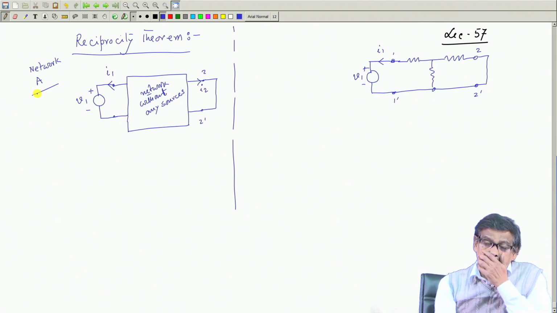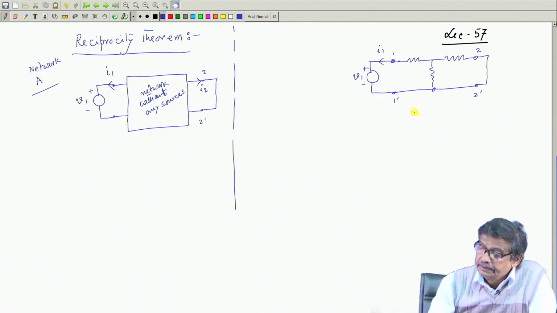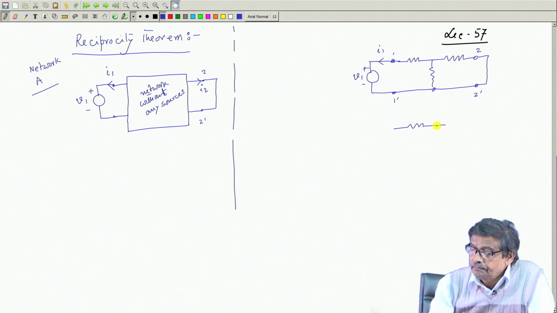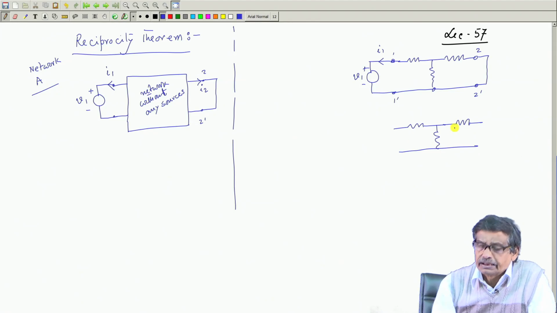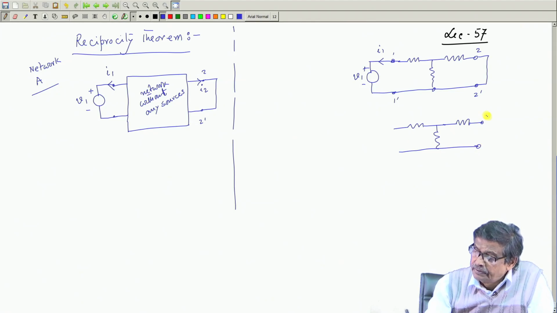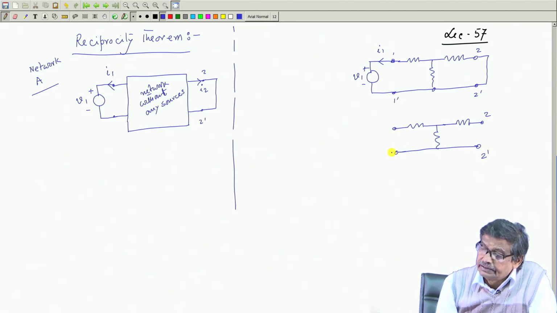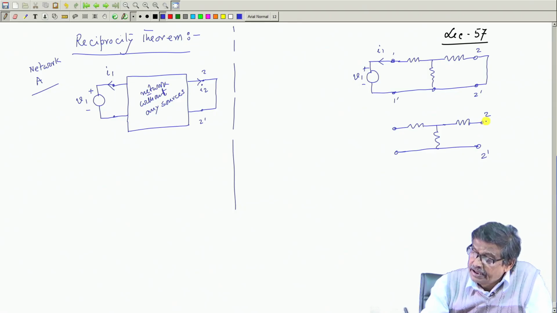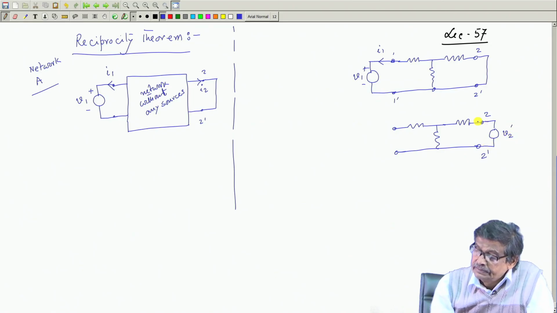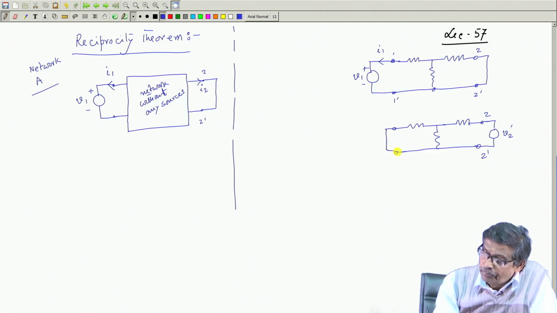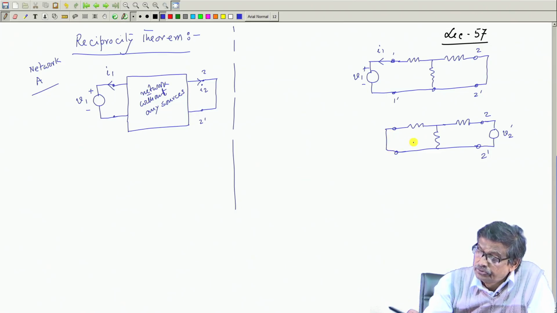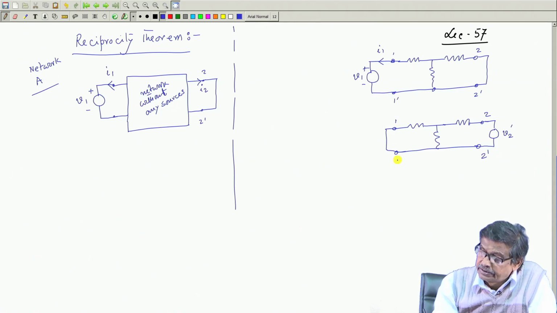Now, the question is, if I apply instead in this network, which for an example I am just showing by a simple network like this to derive the key things here. So, this is the thing. Now, suppose in this network, if I apply some voltage, say V2 dashed I call it, and this 2 I short, the opposite thing I do, I apply the voltage across 2 2 dashed and short the 1 1 dashed terminal.